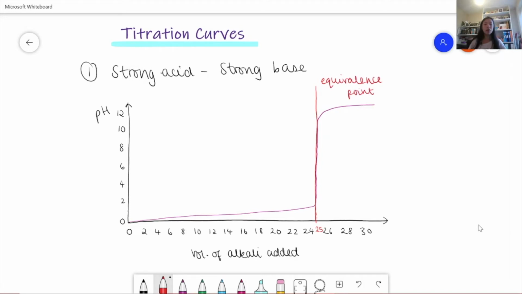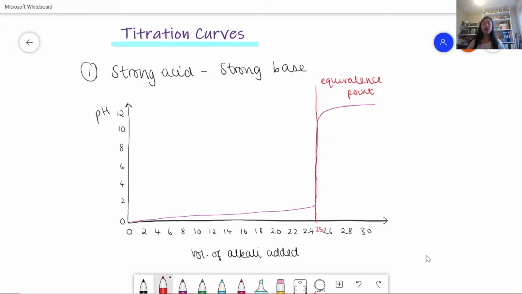And that is the point where we've added enough alkali to neutralize the strong acid. We can also tell that it's a strong base that's been added because the end of the graph where the pH levels off is around 11-12 pH. So we know it's a strong base.